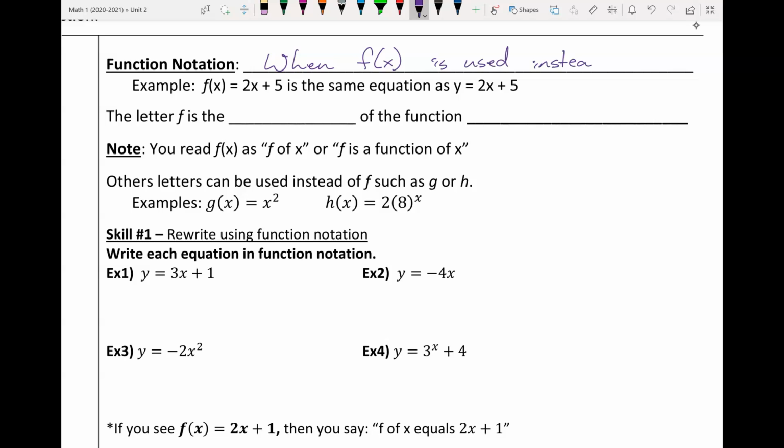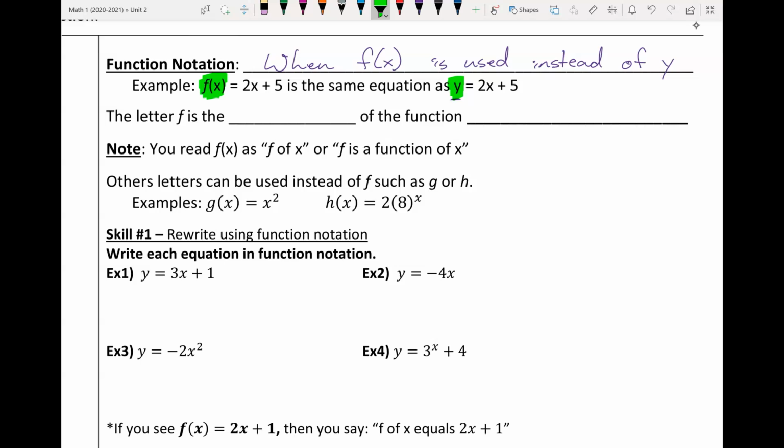So we have the example here: f of x equals 2x plus 5 is the same equation as y equals 2x plus 5. The y value is just getting replaced with f parentheses x. The way we say that is, again, f of x, or the function f in relation to x, or f is a function of x.